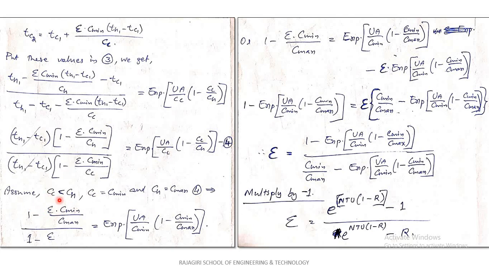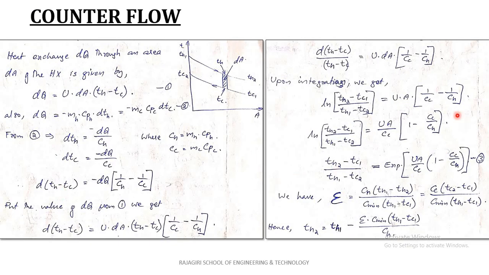Now assume Cc is less than Ch. In the case of the parallel flow heat exchanger, we had Ch taken outside. I told you that you can take either term, Cc or Ch, outside. So that's why I take Cc here.